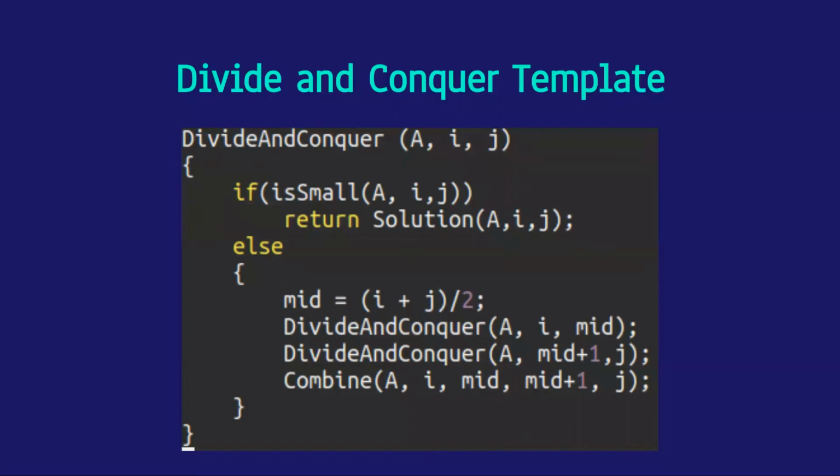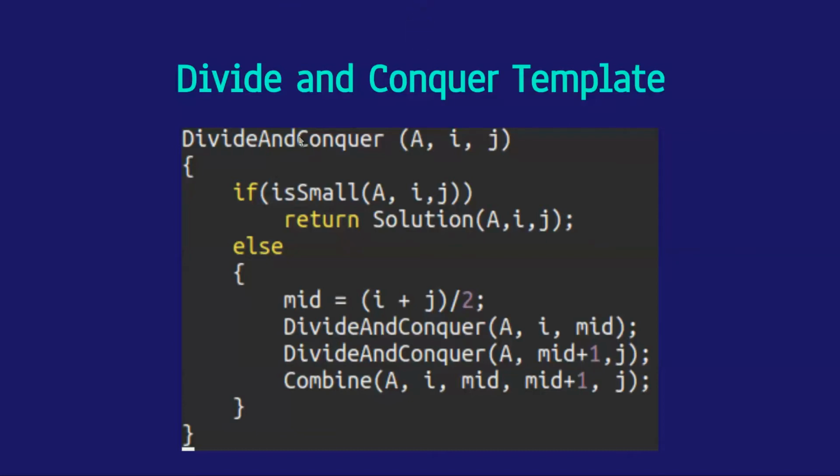So we check if that problem is already small. If it is small, then simply return the solution. Solution is another imaginary function, which basically solves small problems. For example, for the sorting problem, if you only have one element in the array, then the solution will be to simply return that element, do nothing else. That is what the solution function does.